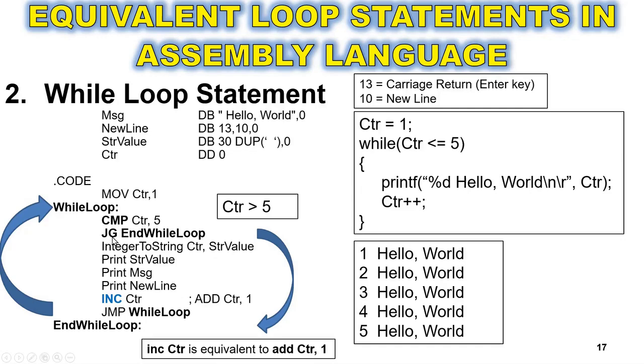The next command, JG: is 6 greater than 5? This time, it is true. Since it is true, the CPU will jump now to the label end while loop, and it will stop repeating now the loop.